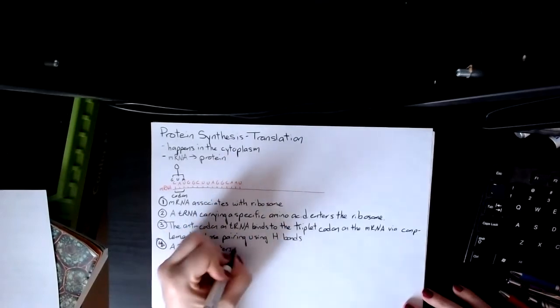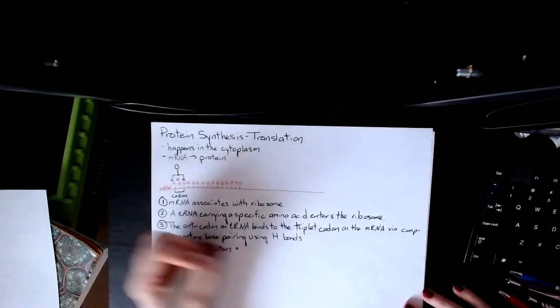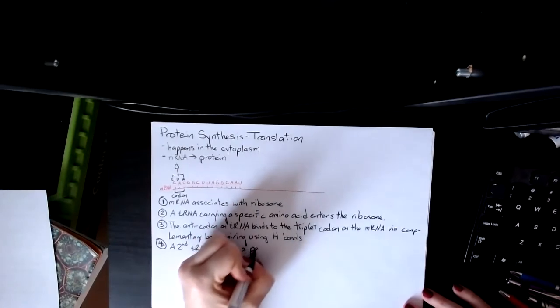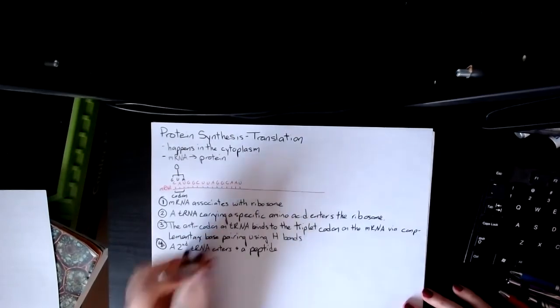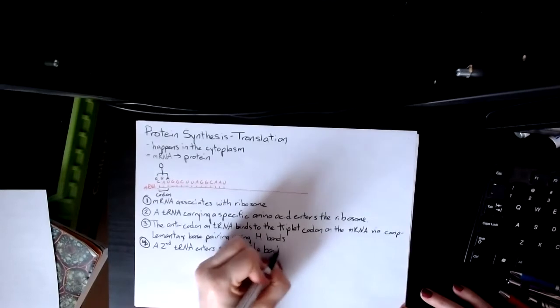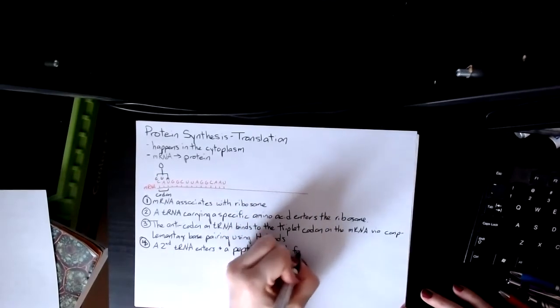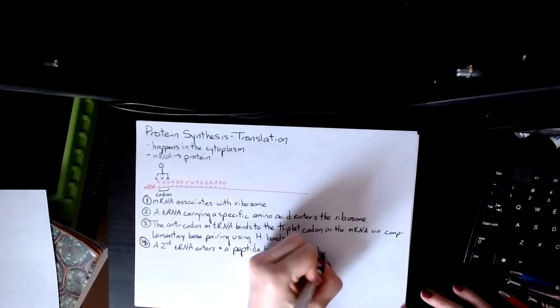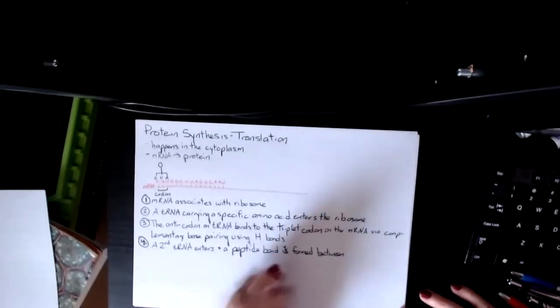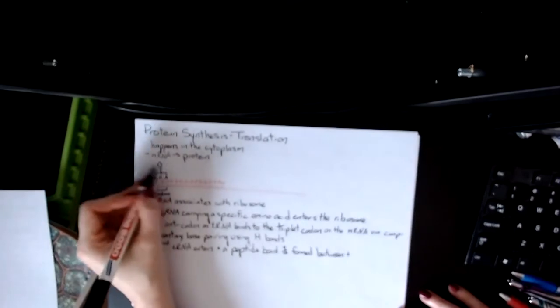And also matches up. Okay. And the idea is that again, always name the bonds, right? So a peptide bond is, sorry guys, is formed between the adjacent, or you could say between the first and second amino acids.